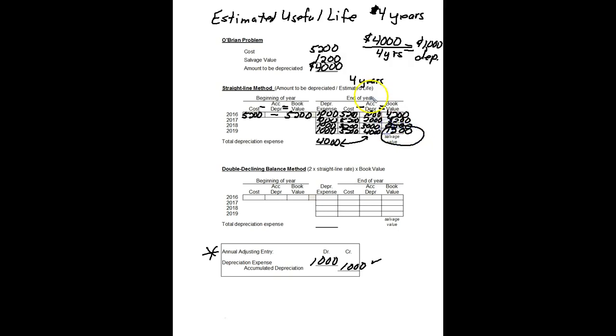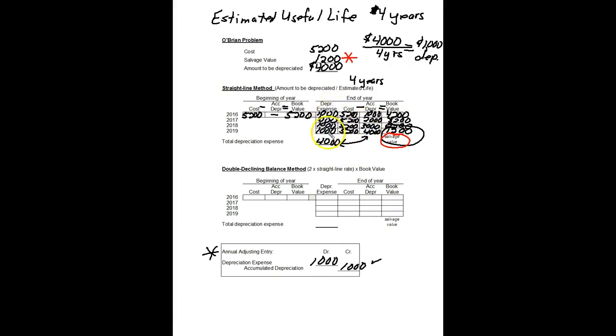This ending book value should always equal our salvage value. So we estimated the value of the equipment, or the copy machine in this case, would be $1,200 at the end of its useful life, and that's exactly what we have, $1,200. So that should always work out that way. Okay, so there's the big picture.